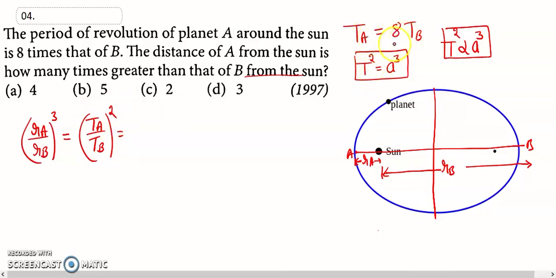The time period of A is 8 times that of B, so TA divided by TB.